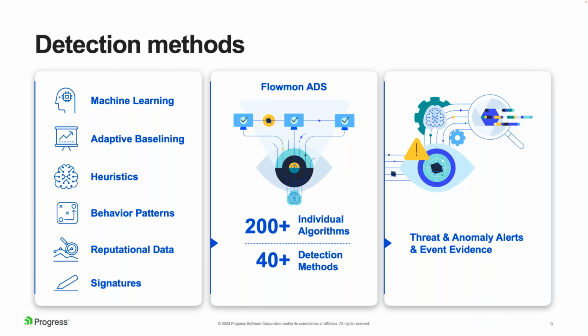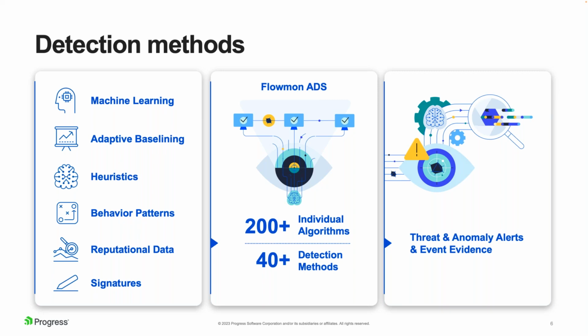We use different detection methods, and do not rely only on mathematical and statistical models. We use a combination of machine learning, adaptive baselining, heuristics, and even our own proprietary technology, behavior patterns, allowing users to create their own detection capabilities on the metadata level. We complement all those methods with reputation data, and also leverage signature-based detection for additional insight.